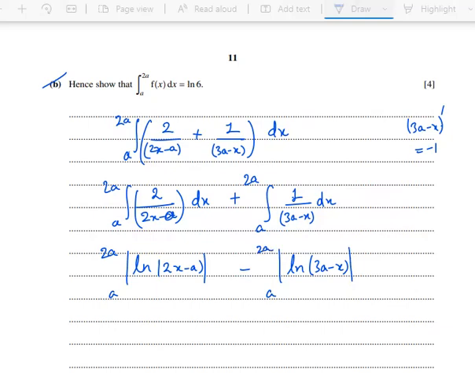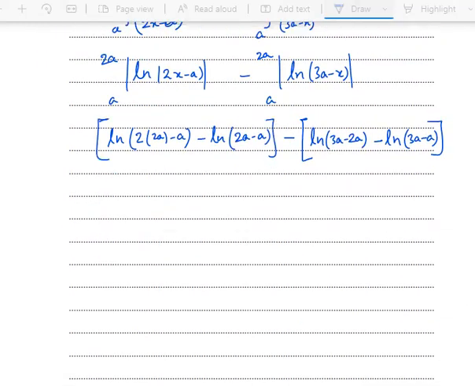Okay. So now upper limit minus lower limit. x is 2a, so ln of 2 into 2a minus a, minus the lower limit ln of 2 into a minus a, minus, then we have ln of 3a minus 2a, minus ln of 3a minus a.